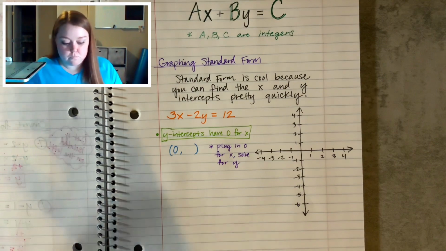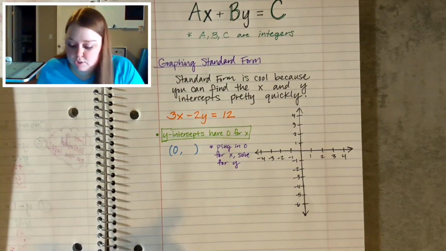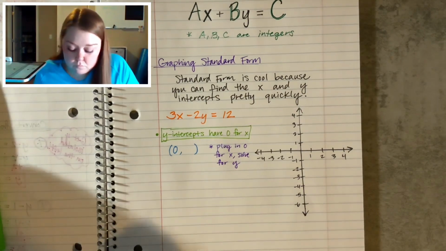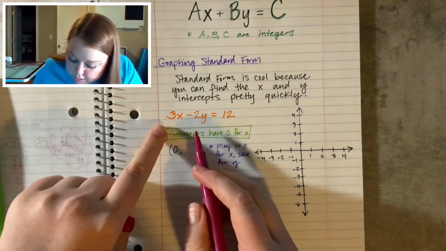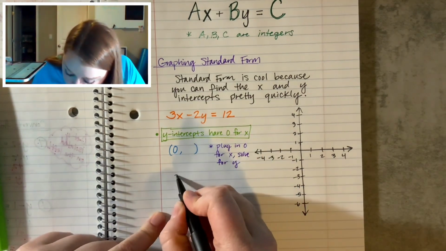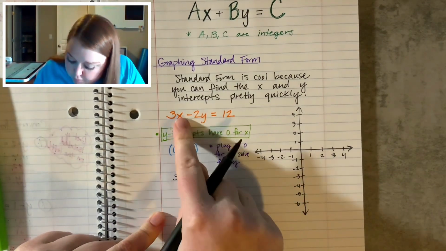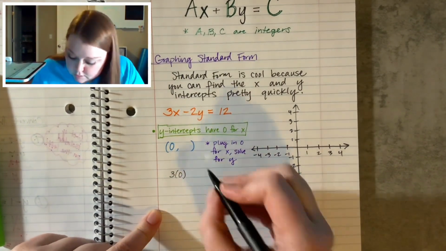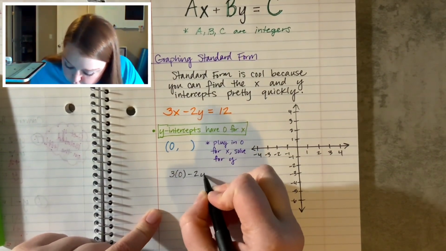Here's what that would look like mathematically. I'm going to take this equation, and for x, I'm going to plug in 0. 0 is x in this case. And then I'm going to copy down the rest.